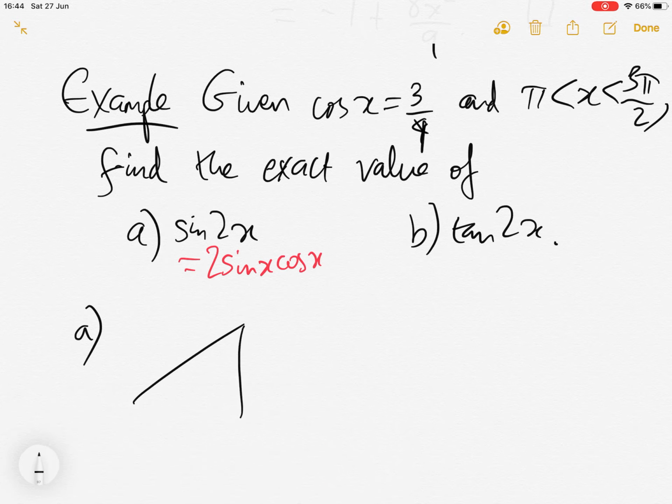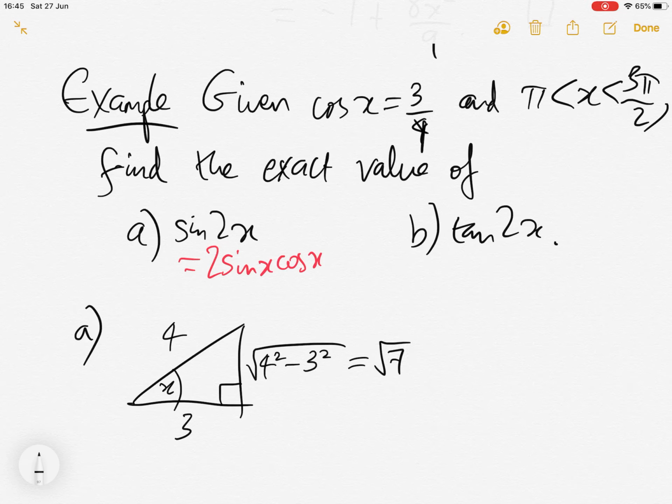So let's just think about a triangle. Here's x, cos is 3 over 4. So adjacent is 3, hypotenuse is 4. That makes the opposite side the root of 4 squared minus 3 squared, which is root 7. So we can see sine x, opposite over hypotenuse, is either plus or minus root 7 over 4. The difficulty is, is it a plus or a minus? Well, x is between pi and 3 pi by 2.